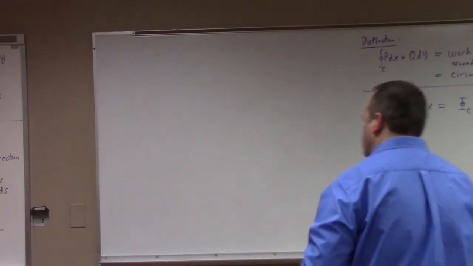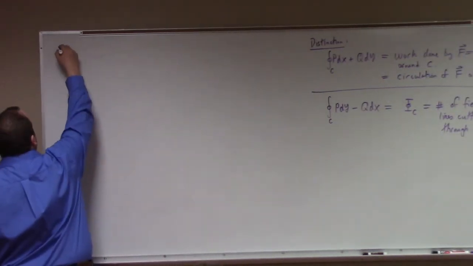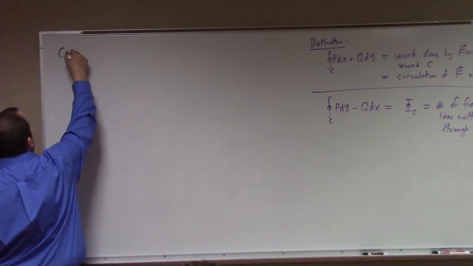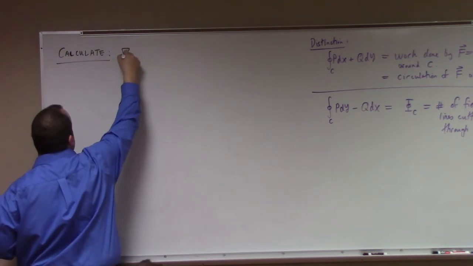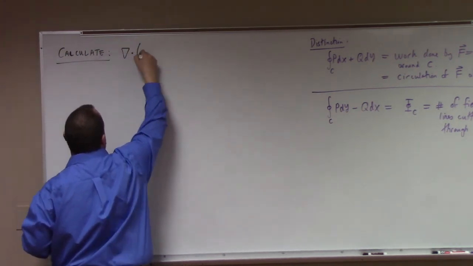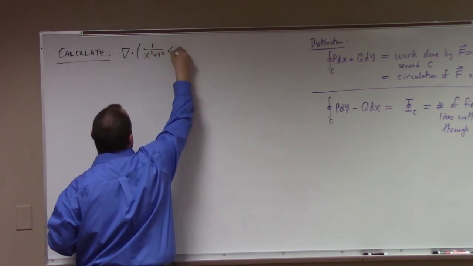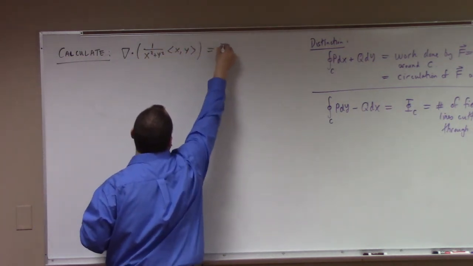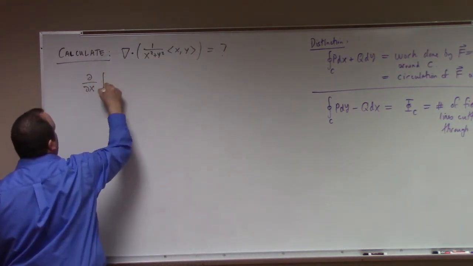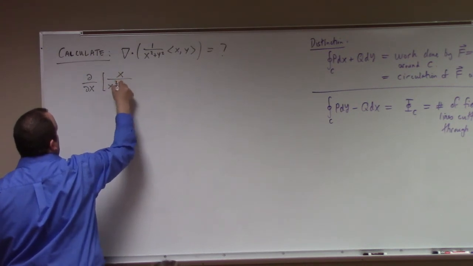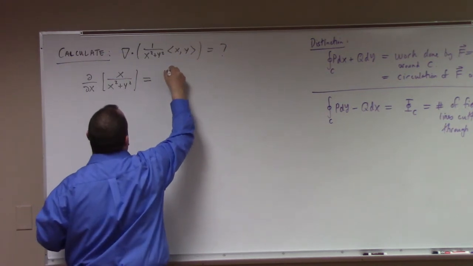Let's work it out. Let's see here. So we're supposed to calculate the partial derivative with respect to x of x over x squared plus y squared, right? So what is that?